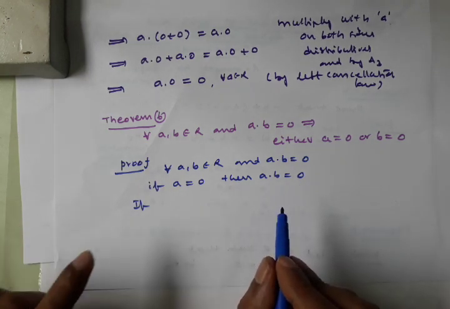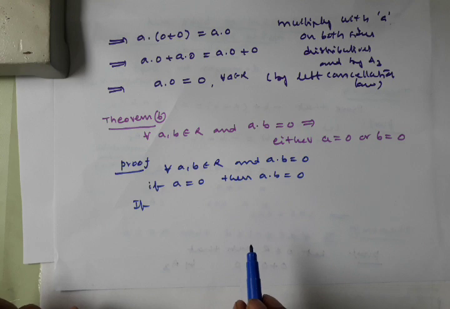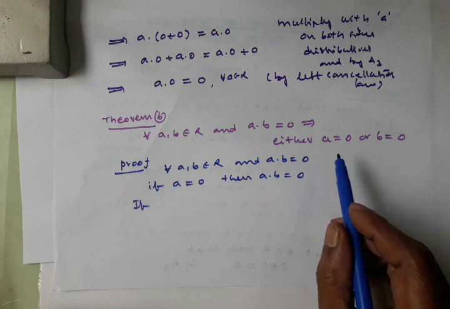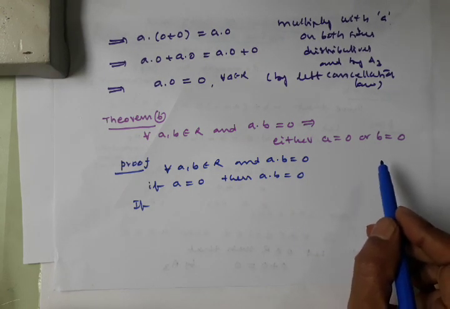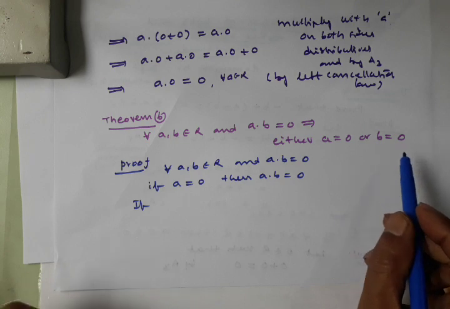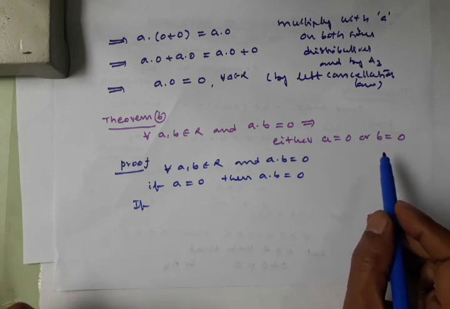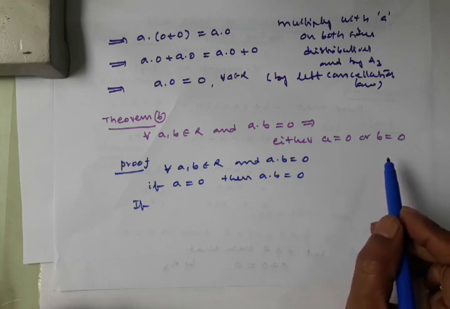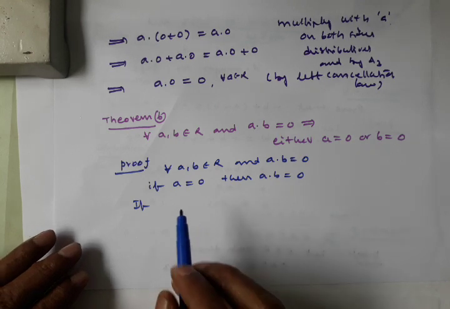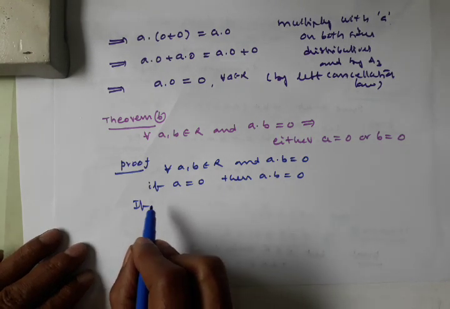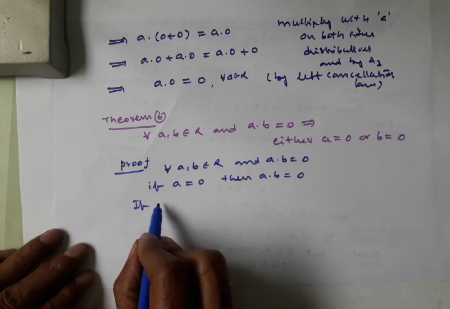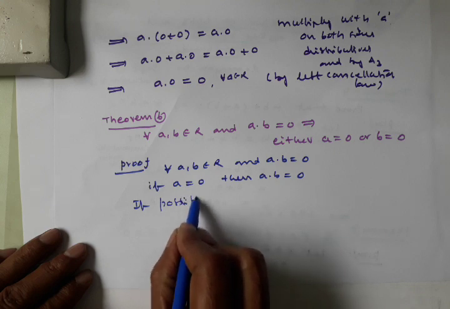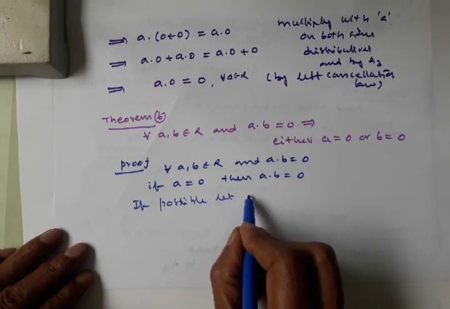The thing is, only if a not equal to 0 suppose, then b must be equal to 0, because either-or means if a is not equal to 0, then b must be equal to 0. Conversely, if b is equal to 0 and a into b is equal to 0, and if b is not equal to 0, then a must be equal to 0. So here we take it first, if possible, let a not equal to 0.